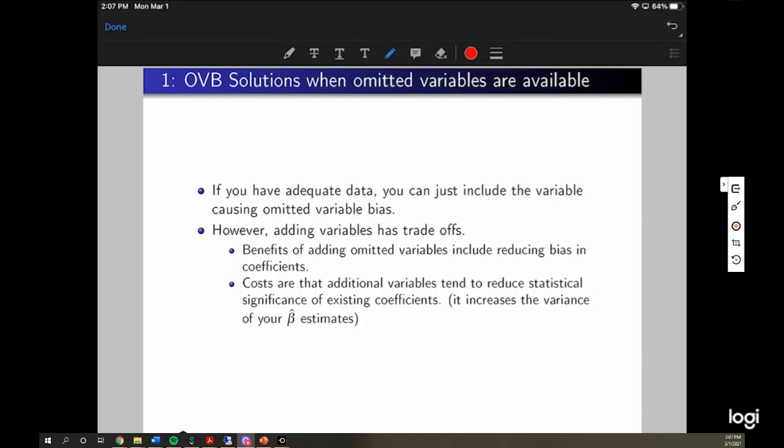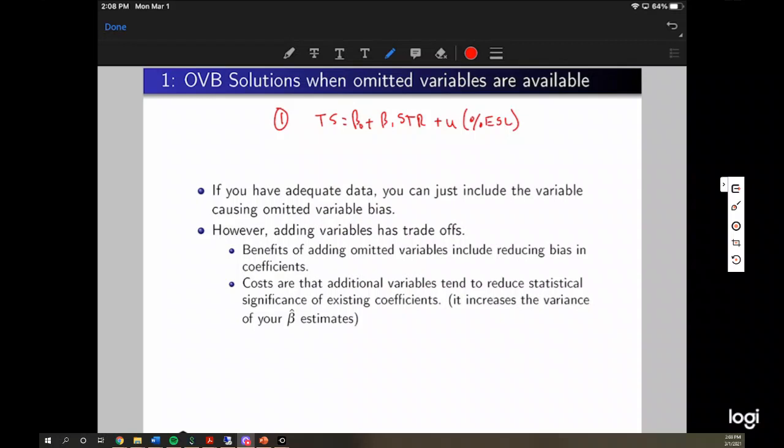Solutions when omitted variables are present. If you have adequate data, you can just include the variable causing omitted variable bias. So in our test score and student-teacher ratio example, the big one was % English learners, right? So here we have the base regression where u contains % English learners, % ESL. So u is a function of that, and we know that % ESL satisfies the 2 conditions for omitted variable bias.